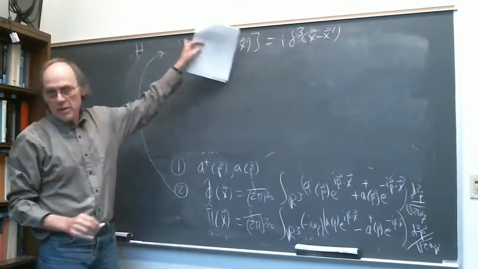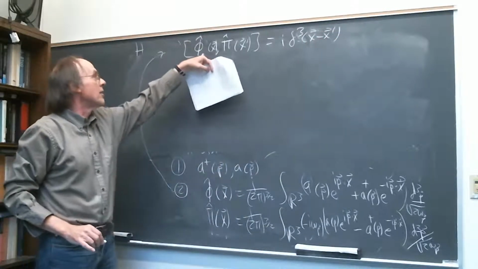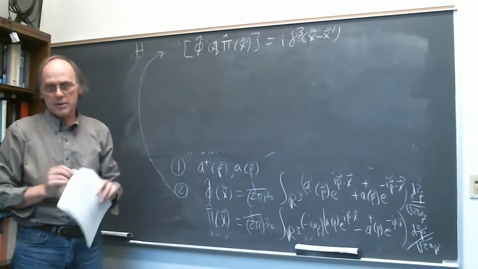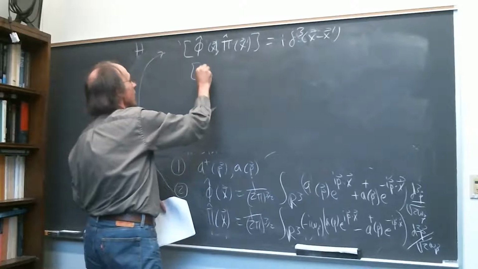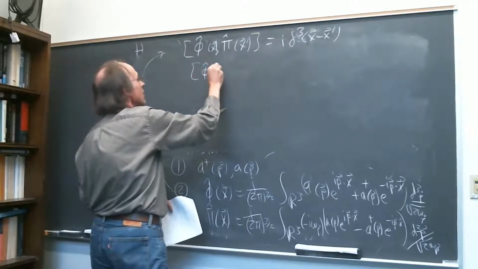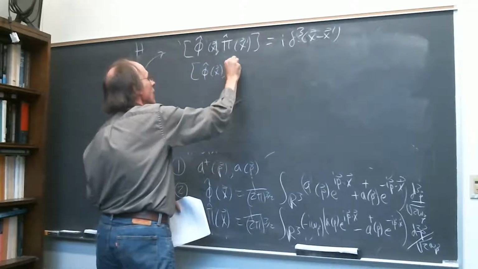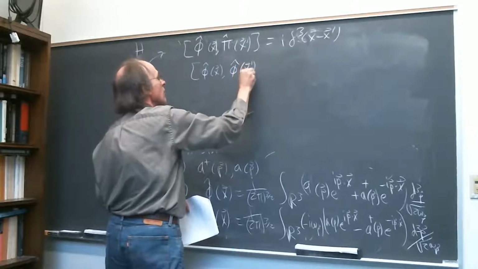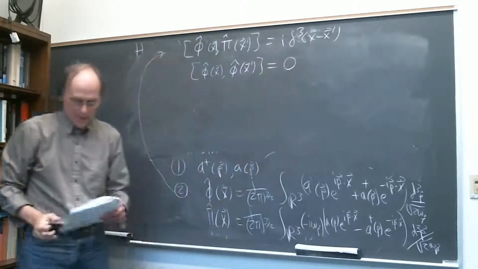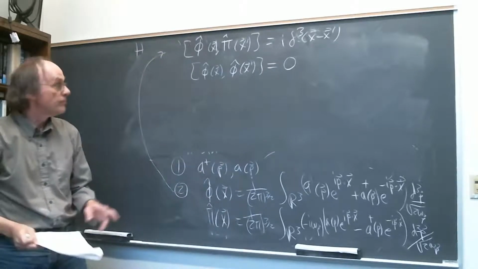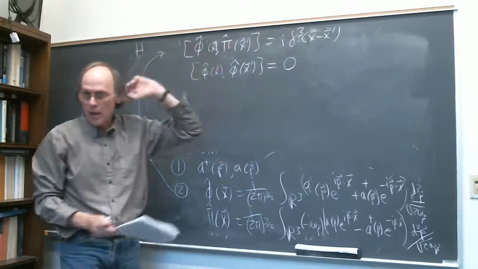And then the other ones, the phi's at different x's commute with each other. So that's kind of crucial, actually: the commutator of phi hat of x with phi hat of y is equal to 0. And same thing for the pi's.